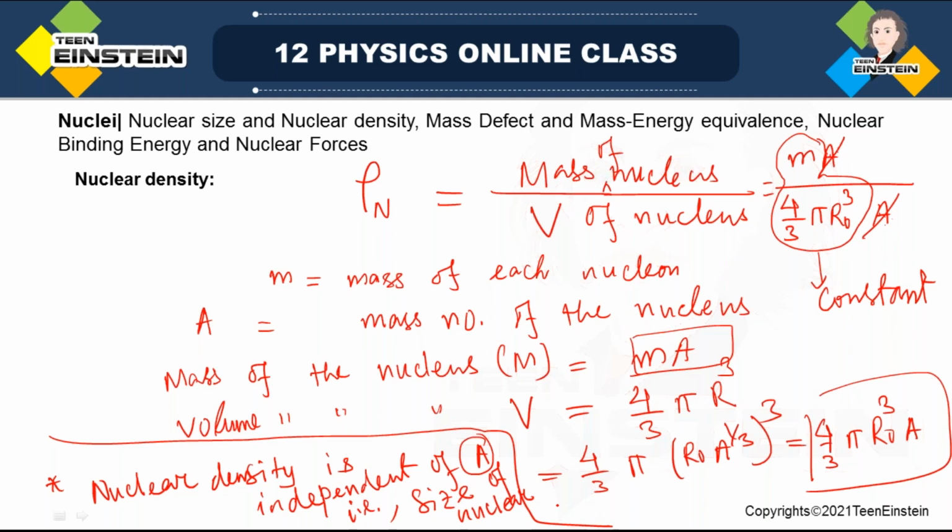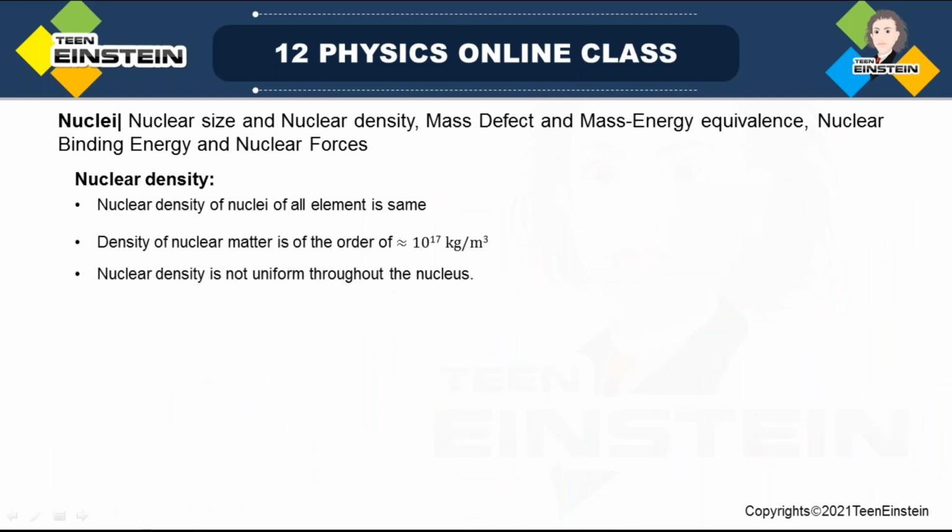So this is an important concept you should know, that nuclear density is independent of mass number or the size of the nucleus. So this is the corollary from here. Now let us see these points I have written down here.